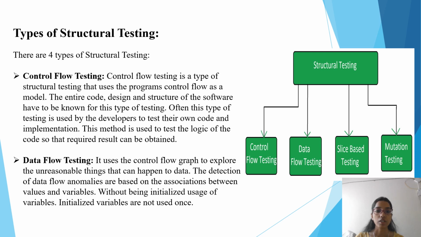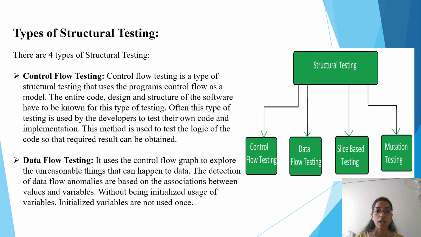Types of structural testing. There are four types of structural testing. First one is control flow testing. Control flow testing is a type of structural testing that uses the program's control flow as a model. The entire code, design, and structure of the software have to be known for this type of testing.